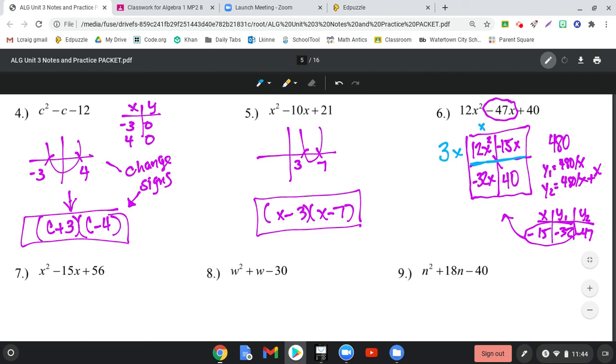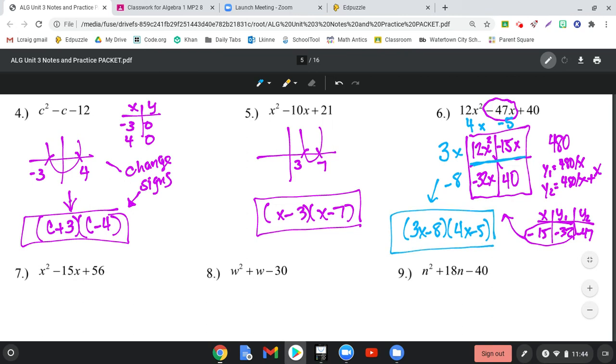And now put it together. 3x times what gives us 12x squared? 4x. 3x times what gives me negative 15x? Negative 5. Down here, 4 times what gives me negative 32? Negative 8. And there's your two parentheses, 3x minus 8 and 4x minus 5.